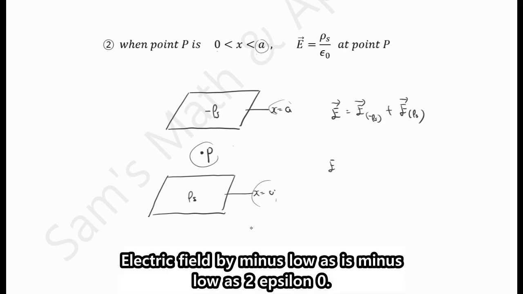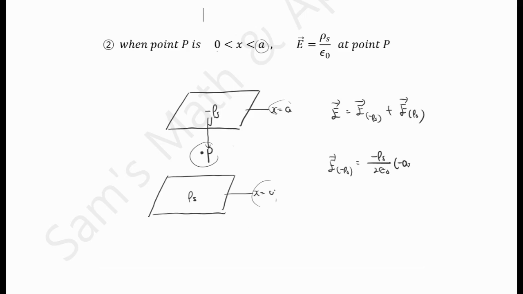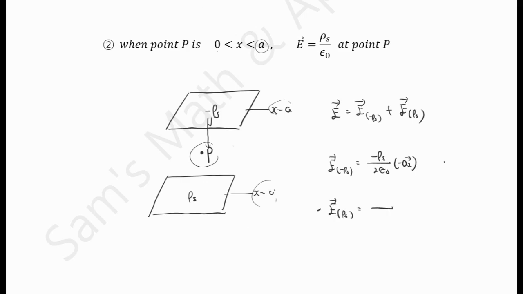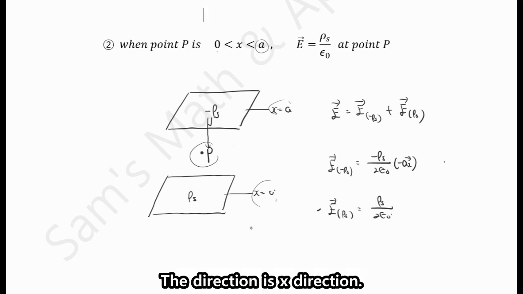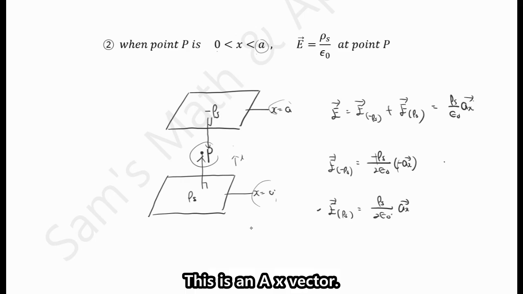The electric field by minus rho s is minus rho s over 2 epsilon 0, and the direction is downward, which is minus ax vector, plus the electric field by rho s, which is rho s over 2 epsilon 0 in the x direction, ax vector. Adding, this is rho s over epsilon 0 ax vector.